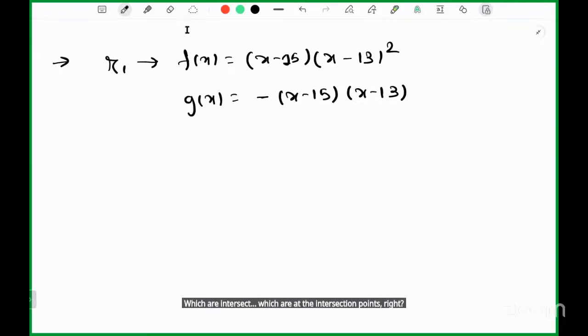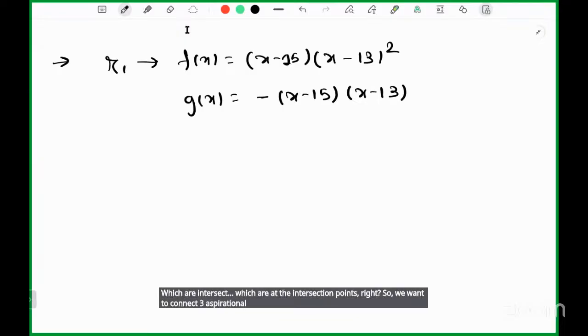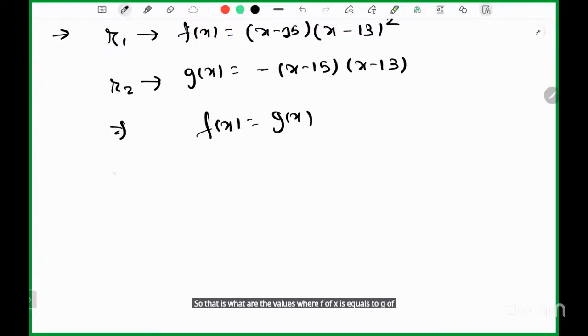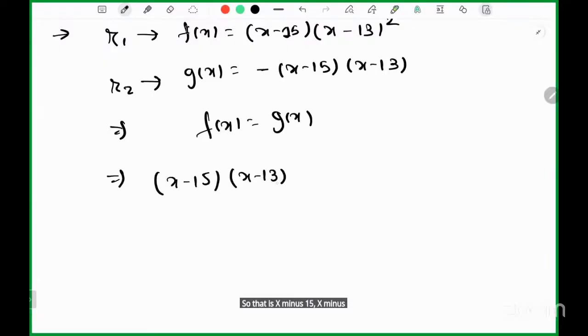So the highway wants to connect three aspirational districts with two roads, R1 and R2. So first let's see the intersection points of these two roads. That is, the values where f of x is equal to g of x, right? So (x minus 15)(x minus 13) the whole square is equal to minus (x minus 15)(x minus 13).